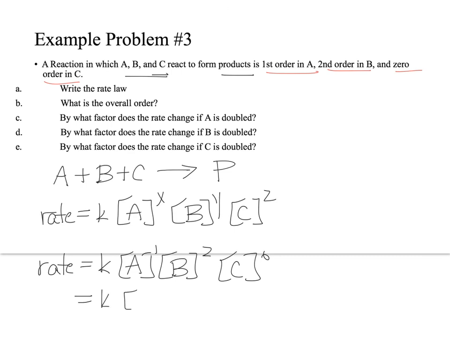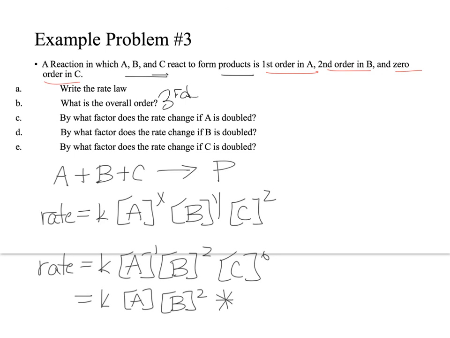Okay, so remember that that's the same thing as 1. This is our rate law. Right, so what is the overall order? It's 1 plus 2, first for A and second for B. So overall, it is third order.